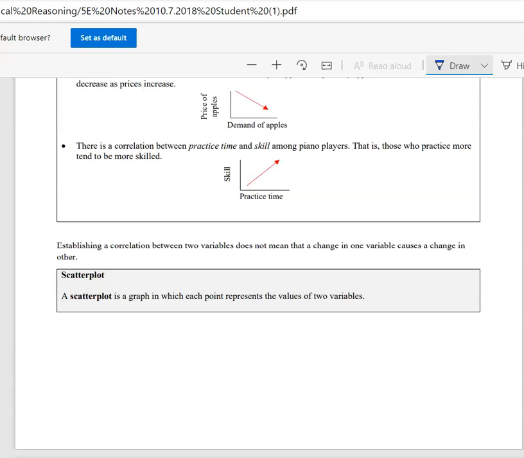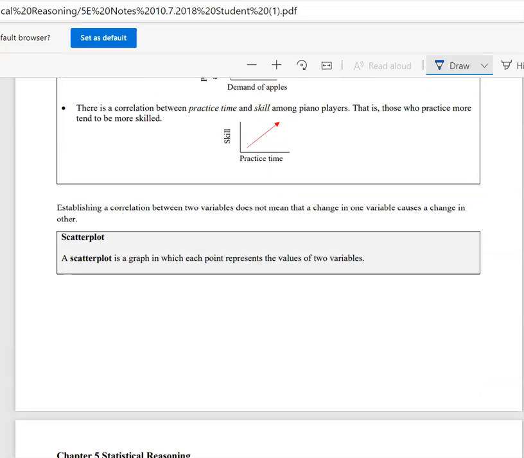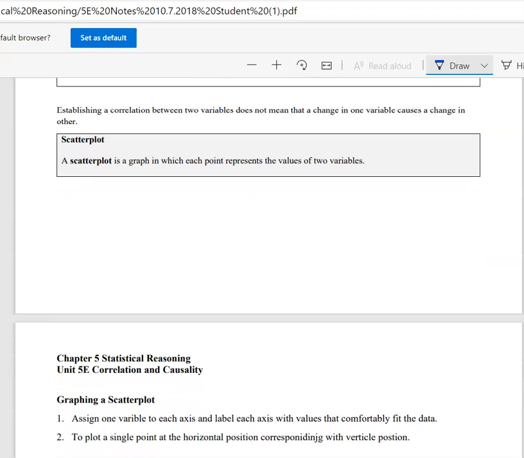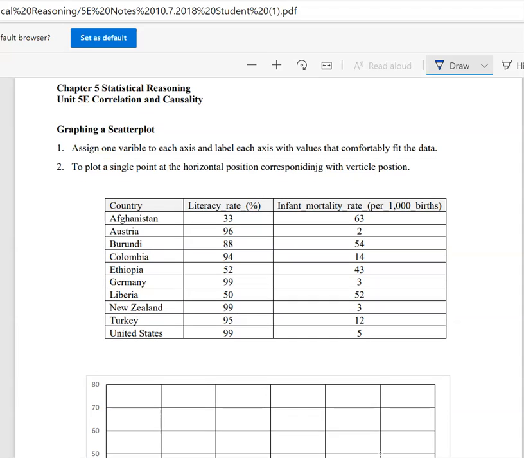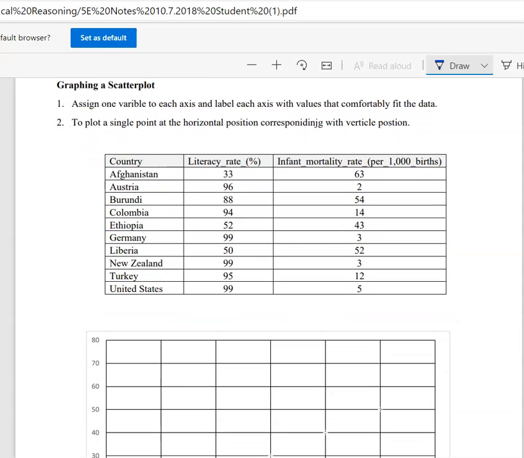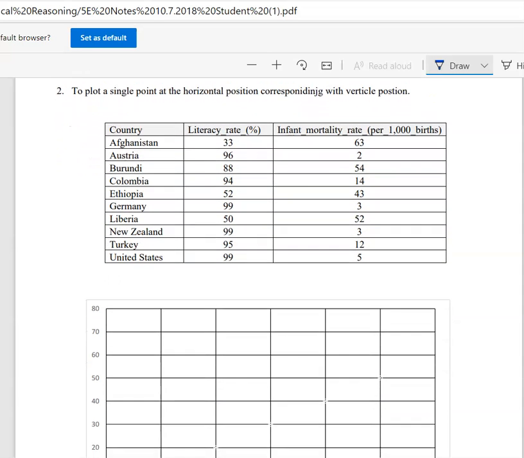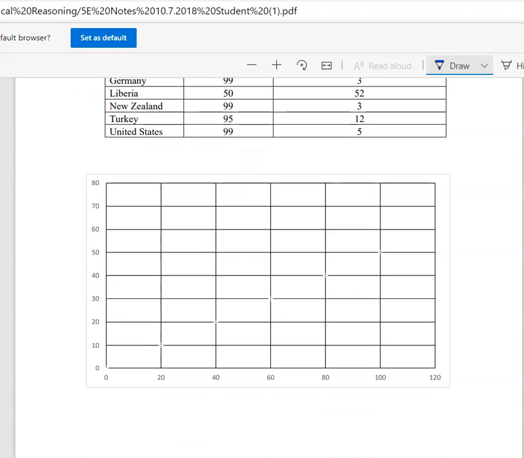We can draw a scatter plot from this. A scatter plot is a graph in which each point represents the value of two variables. So here we are talking about infant mortality per 1,000 births and literacy rate. We're trying to see if there's any kind of connection here. So we want to put literacy rate here, and this is in a percent.